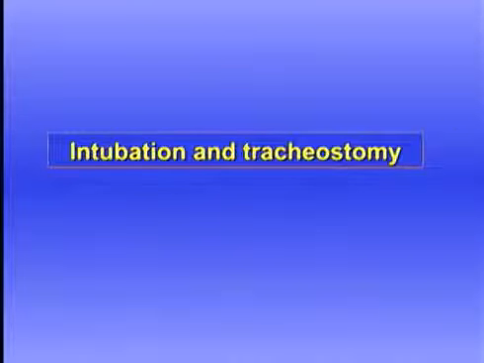And usually this is done by an endotracheal tube, which is put in via the mouth or the nose, or sometimes by a tracheostomy, where the anterior of the trachea is opened up and a tracheostomy tube is inserted. And there is a cuff on the end of the tube which makes an airtight seal.